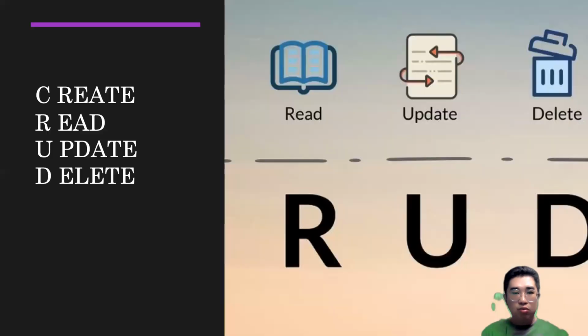Okay, so what is CRUD? Create, read, update, and delete. The main thing here is that you can create databases in your server. Imagine the server is like a storage area for you to store maybe your to-do list and your shopping list. So you can create a to-do list and a shopping list and put them into that storage area. Whenever you need to read the information, you must be able to read.